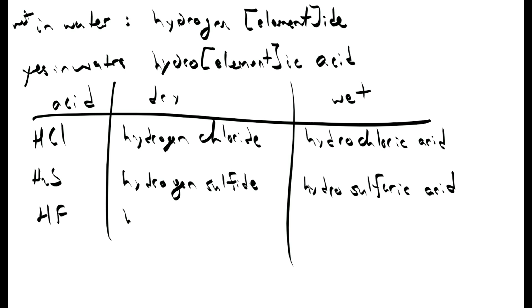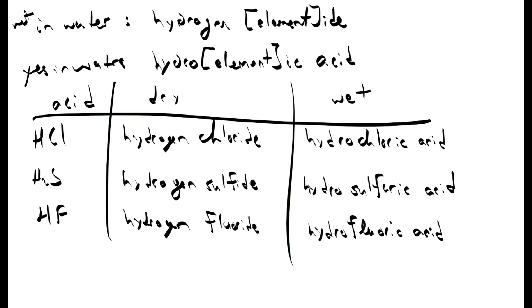HF is hydrogen fluoride and hydrofluoric acid. So this is a fairly simple pattern. I should hope it would be easy to remember. The real trick is to remember, you've got the H in there. That means you're dealing with an acid and not a typical covalent compound.